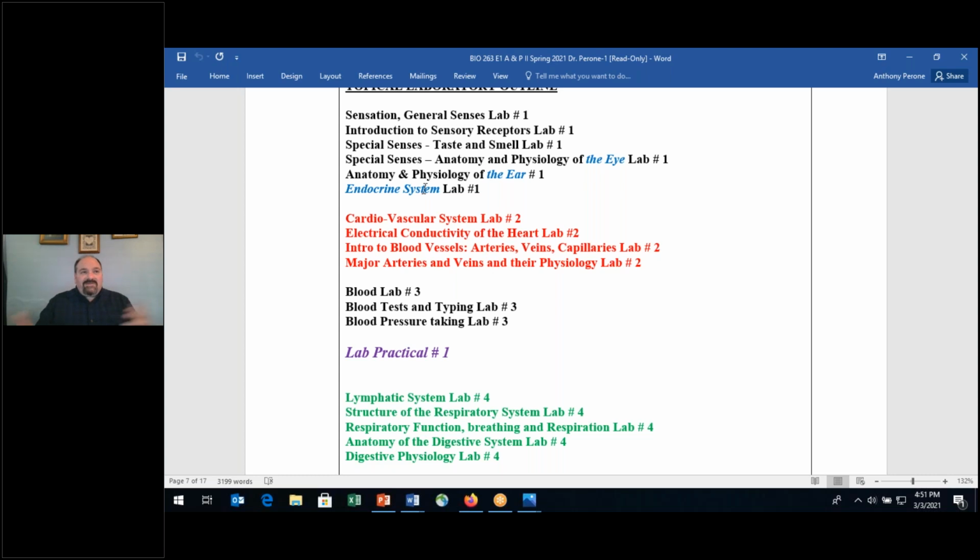You should know what the thyroid gland looks like, what the parathyroid glands look like, what the pancreas looks like. You should be able to identify those structures and know the distinction between each of them on that one panel model, flat model, okay?